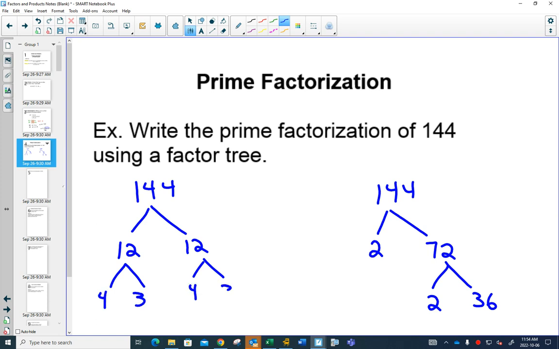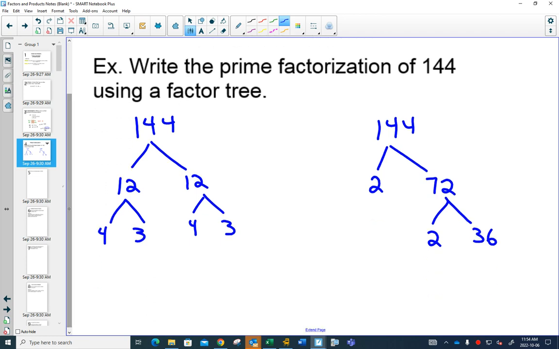And can you see that you could do that for both of those? Okay? Then, the 3 is a prime factor, but the 4's I could break up to be 2 and 2.